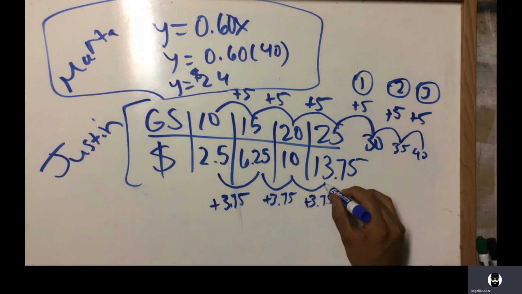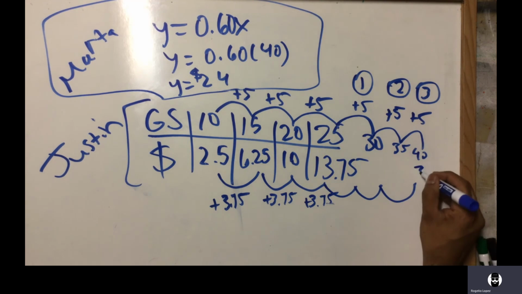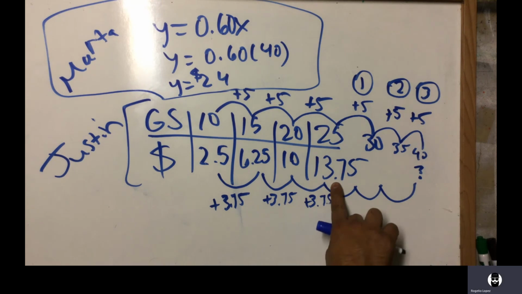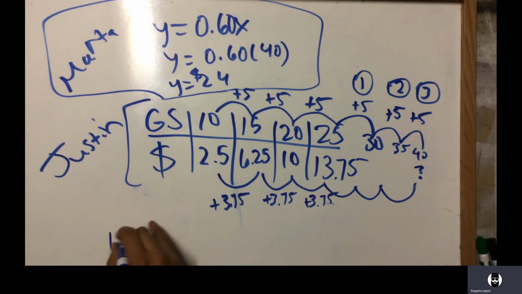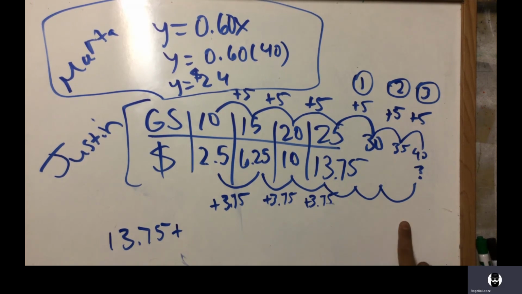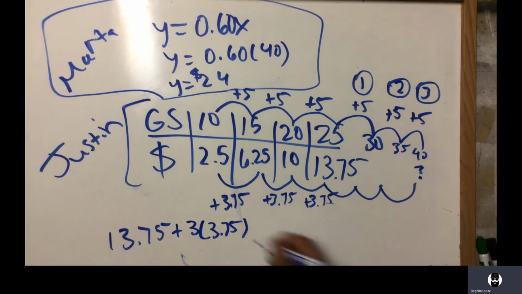That means I would have to do the same thing here, 1, 2, and 3, to get to whatever this is. So he already has $13.75 in profit. So I'm just going to put 13.75, and then I'm going to add more profit, the 3 times that he did. So I'm going to put 3 parentheses 3.75.